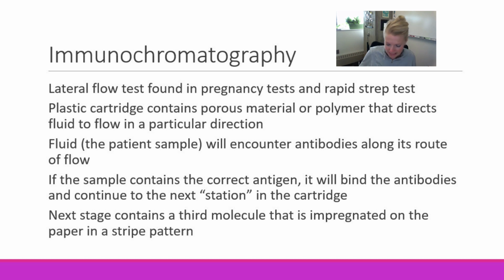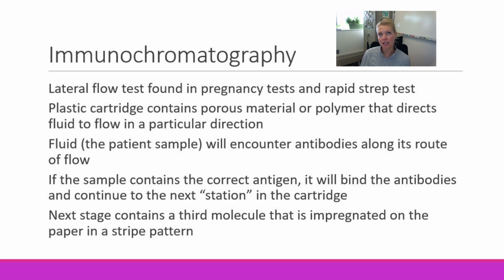A sample is put on one end of the cartridge and it travels across laterally to the other end, like if you put a piece of paper towel in water and how it moves through by capillary action. That's the exact principle behind a lateral flow assay.